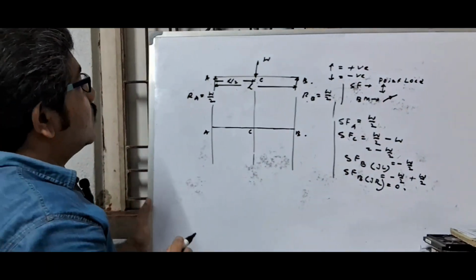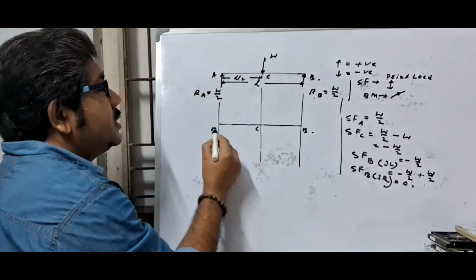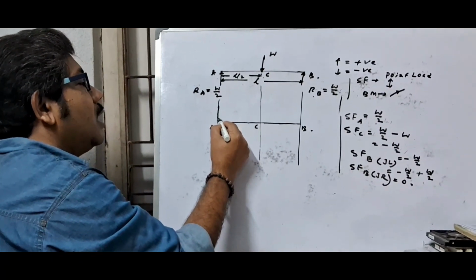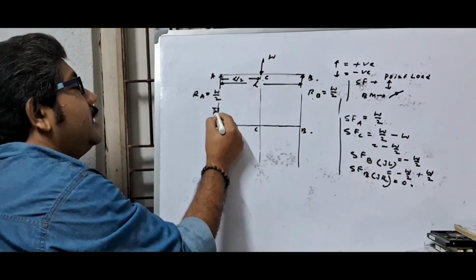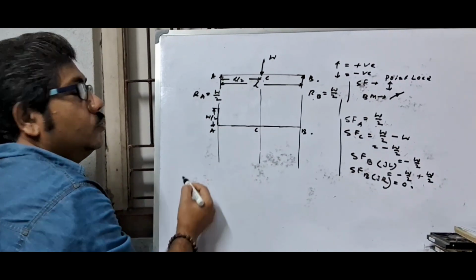Now for the point load and the upward reaction, this will be positive, and here the value is W by 2, so this is an upward straight line. The value here is W by 2.